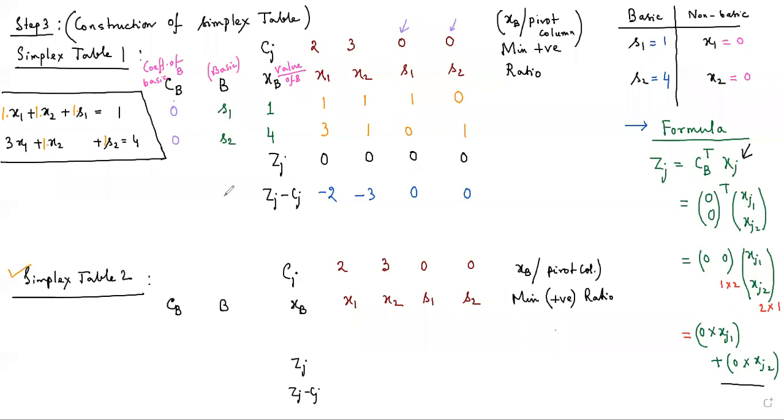So we need to eliminate these variables S1 and S2, whichever is applicable, from this particular basic variable column. We want to eliminate them, and in their position, we need to bring our original set of variables. So that is our objective.